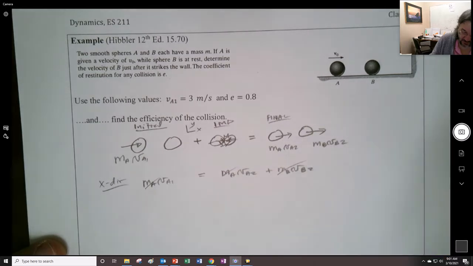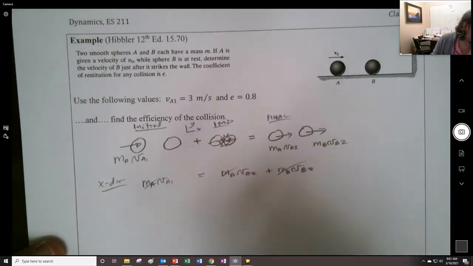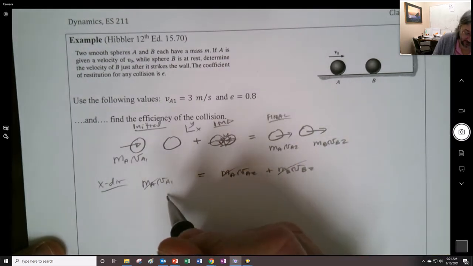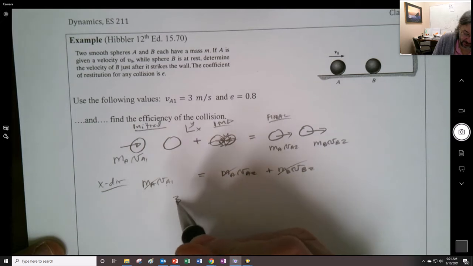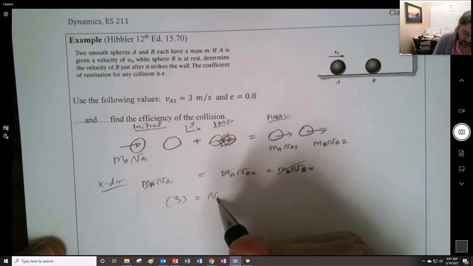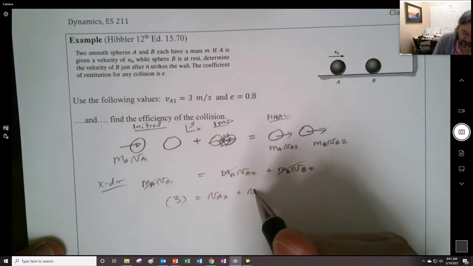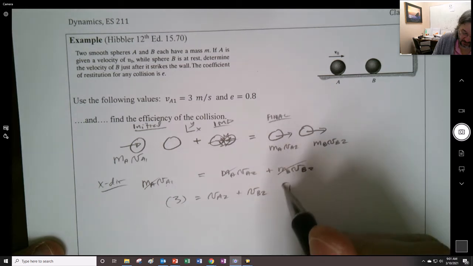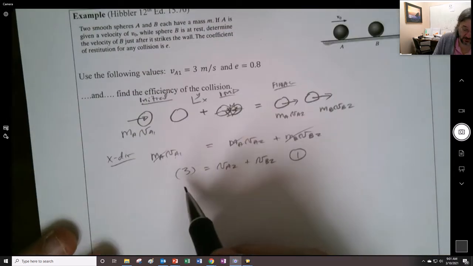All of these masses are the same, so what we're left with is 3, I've decided, equals VA2 plus VB2, and that's going to be our first equation.